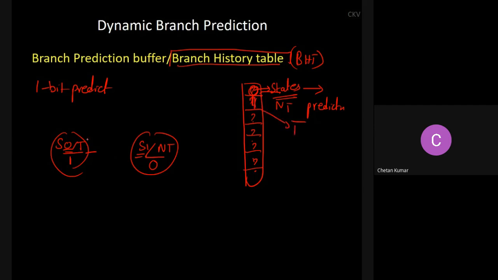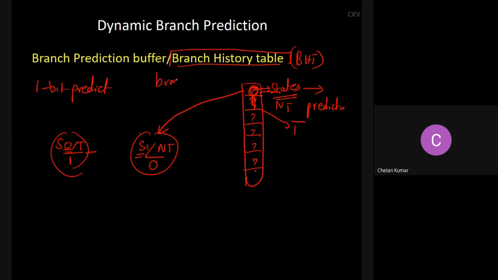Now, how do you change states? When you say zero, I'm saying that I'm in this state. Whenever 0 is stored in this location, it basically means that I am in this state now. Now a branch has to access this memory for getting the prediction.